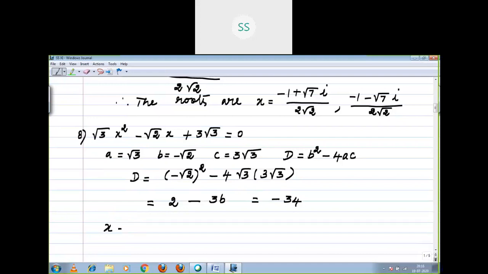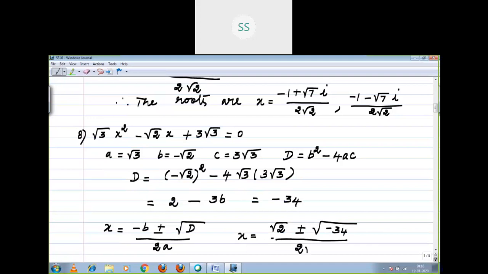x is equal to minus b plus or minus root D divided by 2a. x is equal to minus b. What is your b here? Minus root 2. So minus into minus plus root 2 plus or minus root minus 34 divided by 2 root 3. Right?